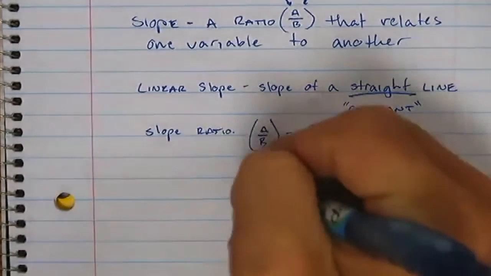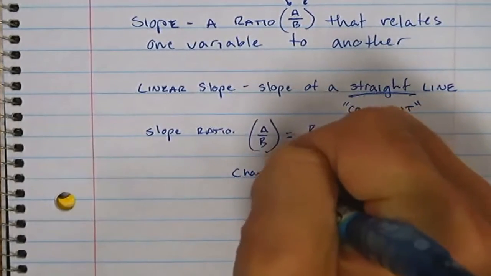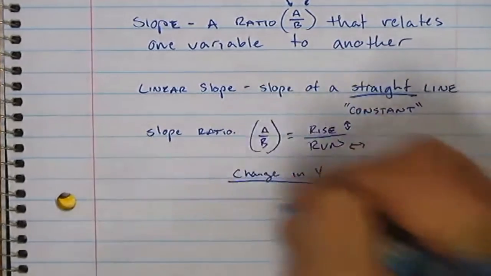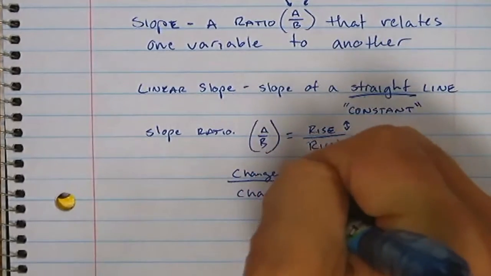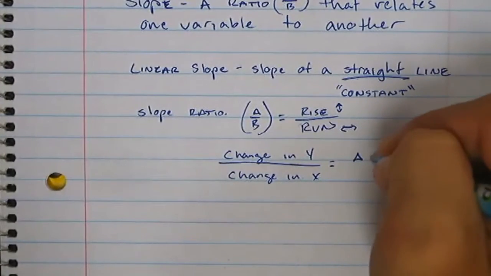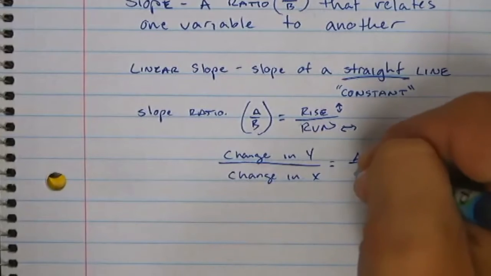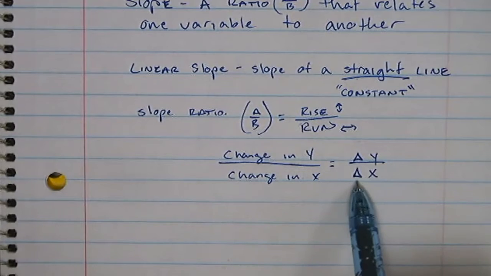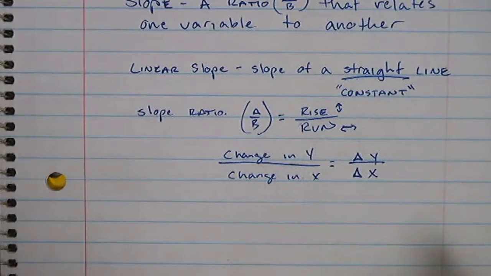So we're going to be looking at the change in y over the change in x. And that can be abbreviated with the delta symbol. Looks like a little triangle there. It's just a Greek term to mean change. So that is change in y over change in x, just shorthand.